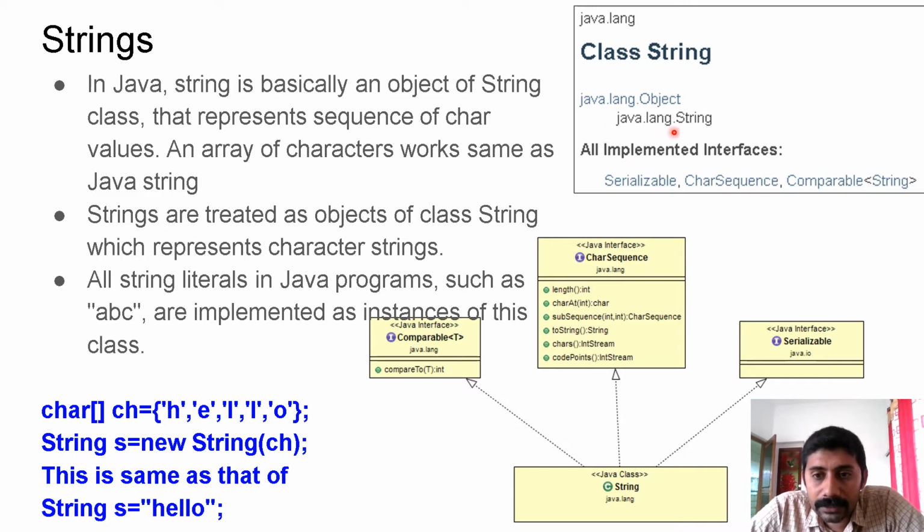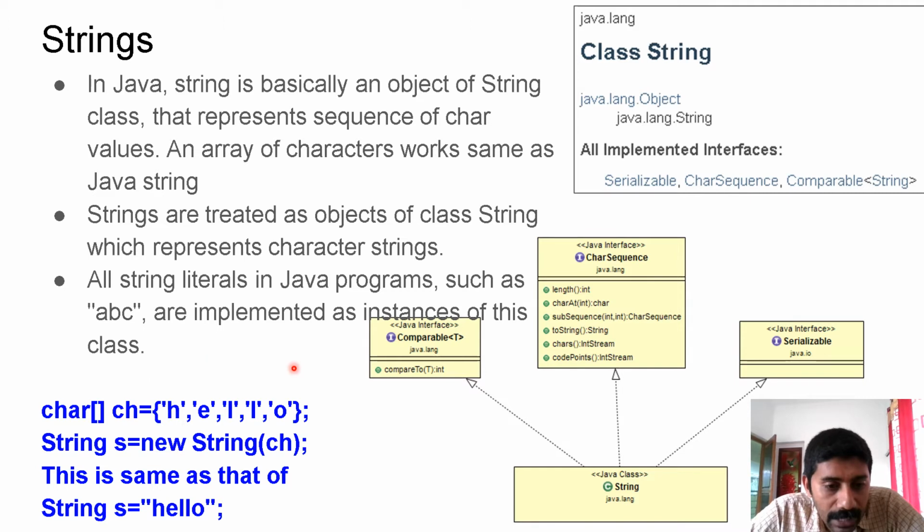So the String class is implemented under the java.lang package. Strings are treated as objects of class String, which represents character strings. All string literals in a Java program, such as "ABC", are implemented as instances of this class. Here I am creating an array of characters, hello.